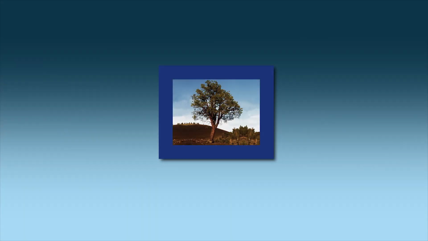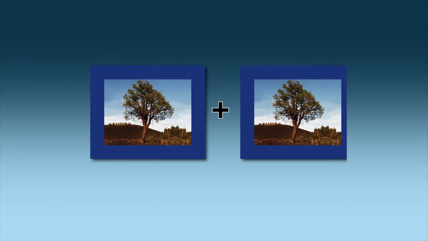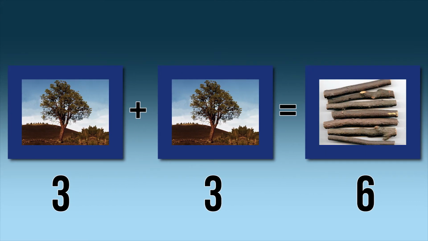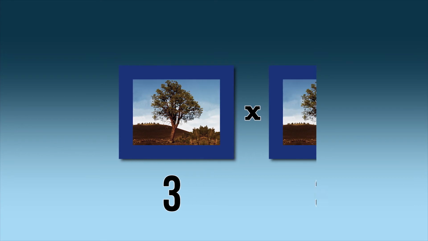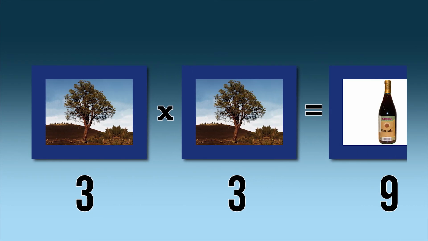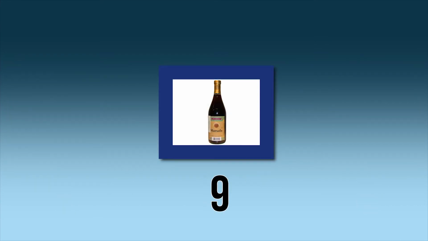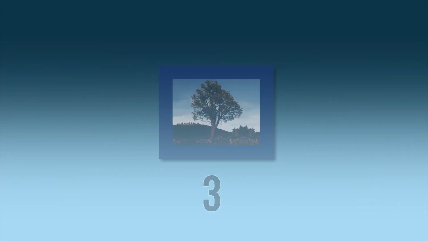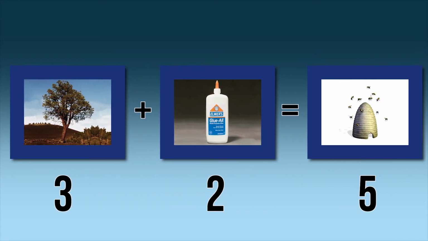Ask him, what's tree plus tree? Tree, 3 plus 3, 6. Sticks. Very good. What is tree times tree? Oh, that's wine. Very good. What's wine divided by tree? Tree. Very good. What's tree plus glue? Hive. Very good.